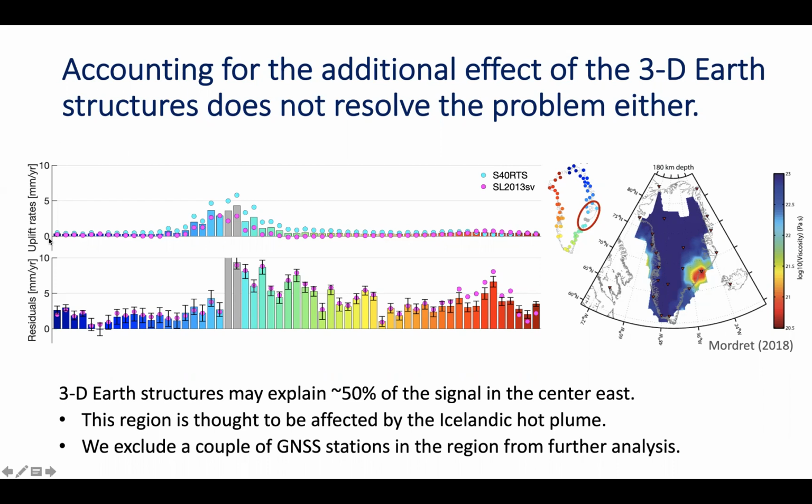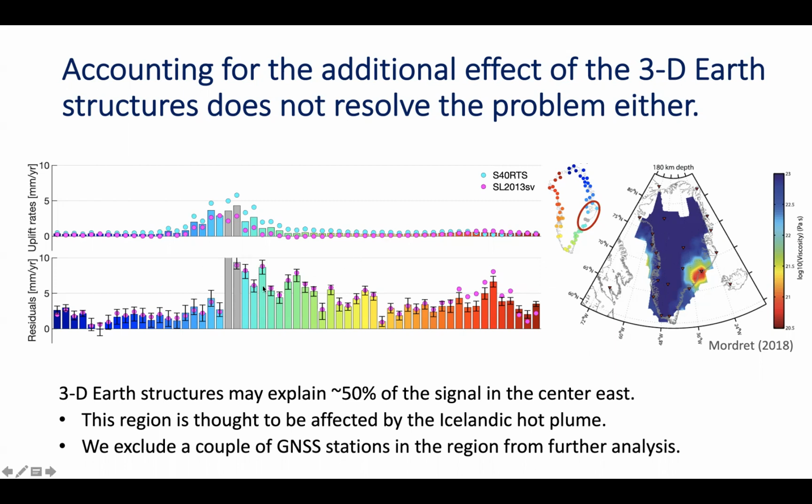In general, pretty much everywhere, the impact of three-dimensional Earth structure is again at the sub-millimeter per year level. But except in this center east Greenland region, the three-dimensional effect can capture or may explain up to 50% of the signal. And this is where we have the largest misfit anyway.